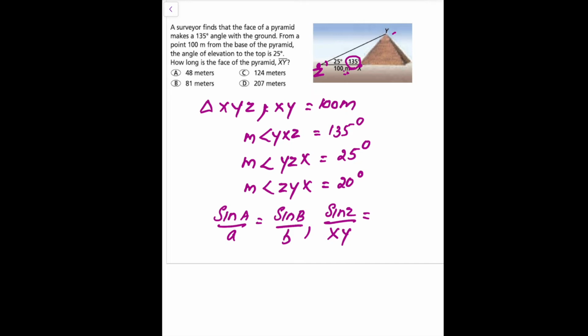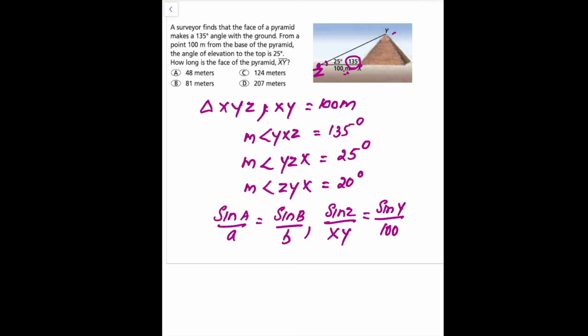The angle opposite to 100 meter is ZYX. So that is sine Y over 100. So this is the proportion we have. Sine Z over XY is equal to sine Y over 100. So let's substitute.